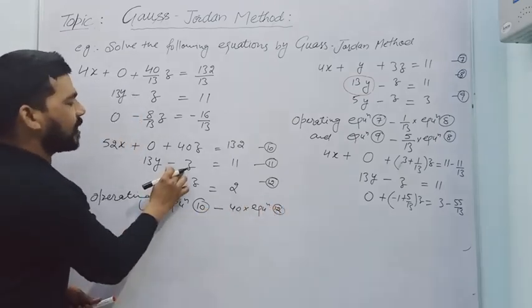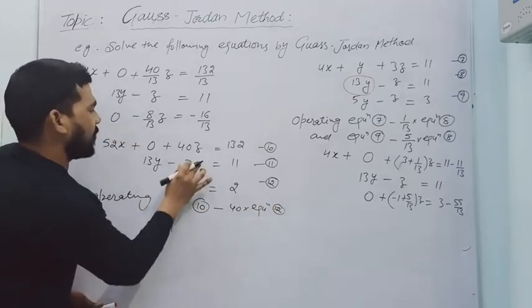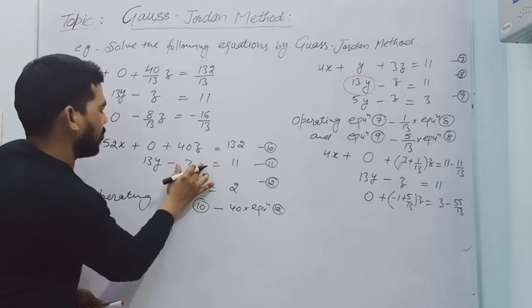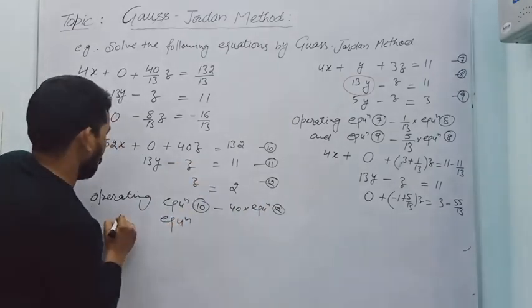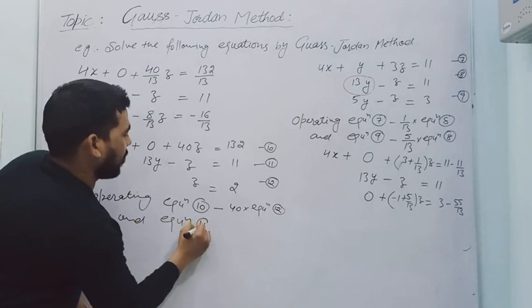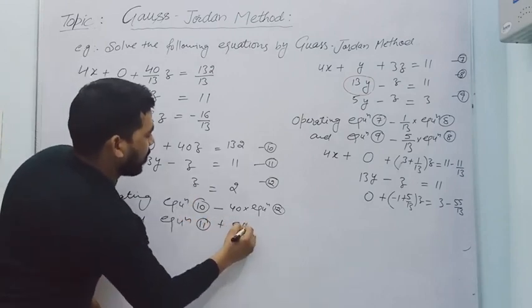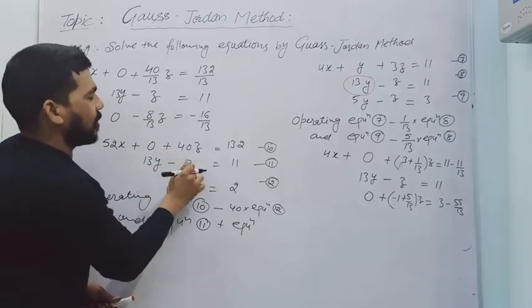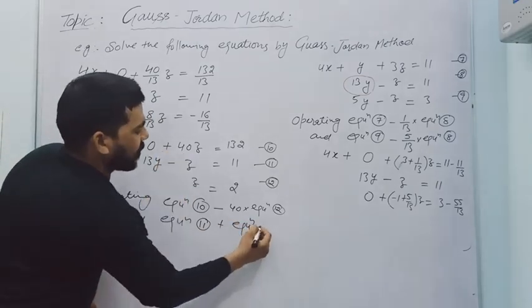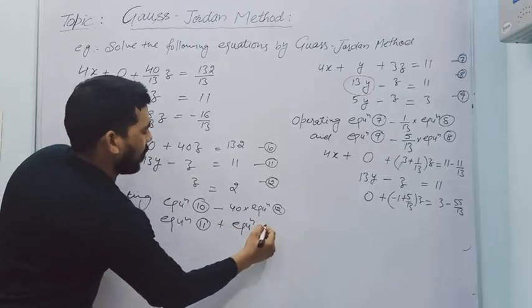Okay, we also have to eliminate this z from equation number 11. So what I do is the operation equation number 11 plus equation number 12. If I add this to it, that will cancel out. 1 times equation number 12.